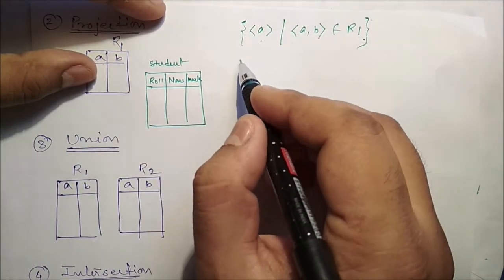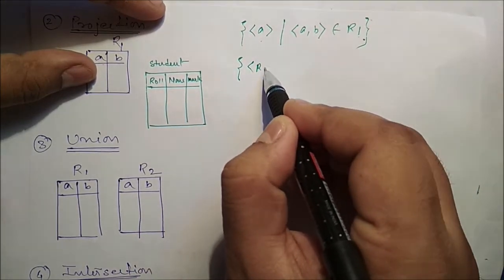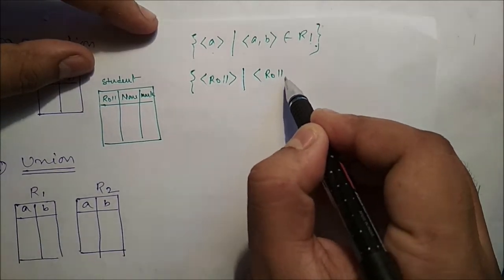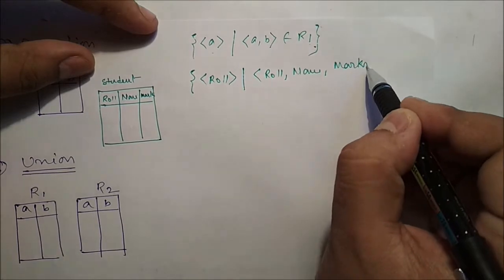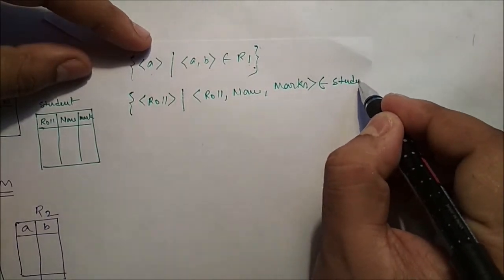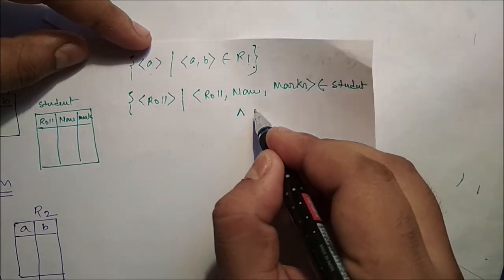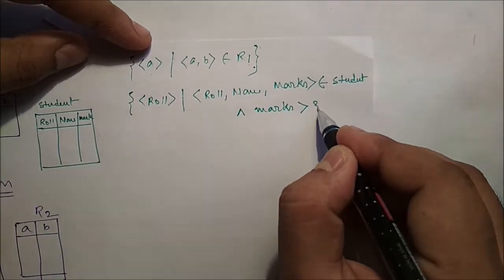We can write it this way: roll number where roll number, name, marks belong to student, and the condition is marks greater than 80.